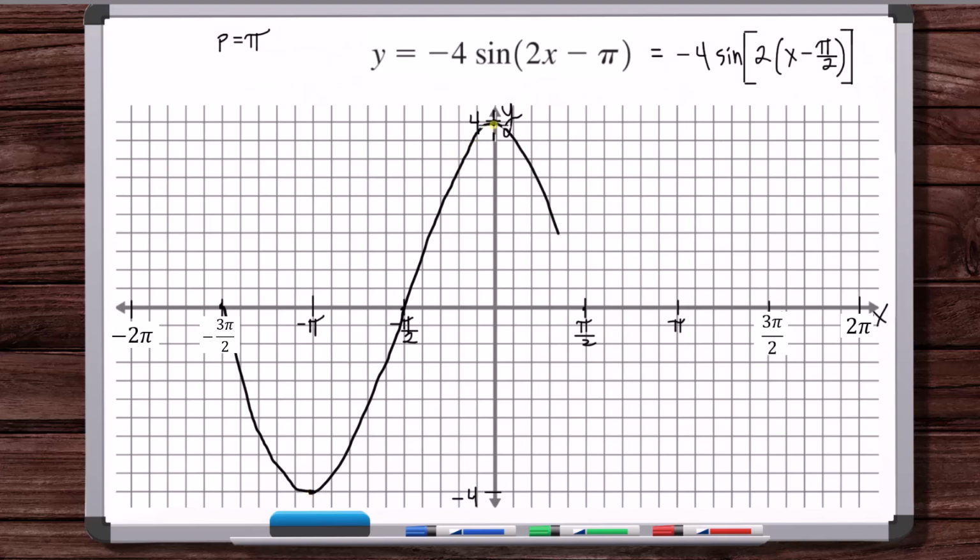Okay, and there we go. Let's copy this. I don't think I drew that peak exactly right, but you get the idea. No, it looks good. It's good. Okay.